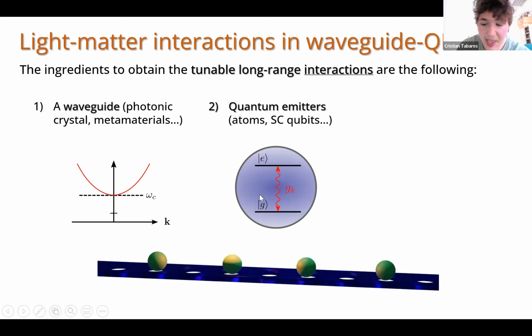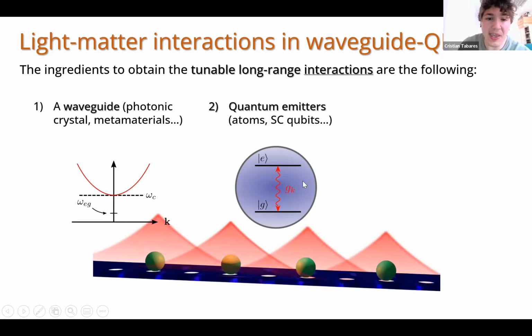So the thing is that we can place the frequency of this transition in the middle of the bandgap. That means that when we have an atom that is in its excited state and goes back to the ground state, the photon that it emits, with this energy, cannot propagate through the waveguide because it doesn't have the allowed energy. So this photon, in some sense, gets bound to the atom and cannot travel through the waveguide.